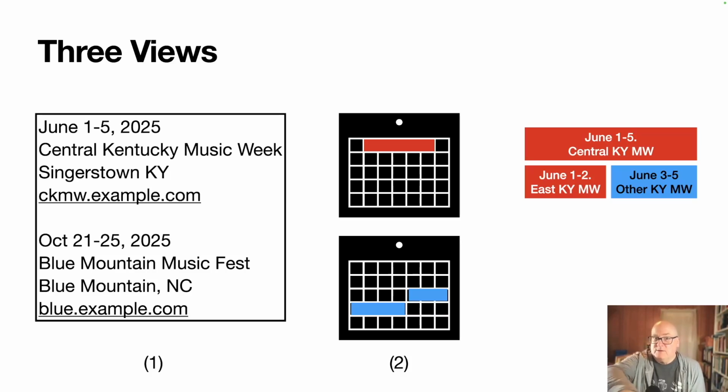We'll block off certain times and show what's happening on those and let you go to some sort of detail view. All these should let you go to some sort of detail view. And the third, I think of it kind of like a Gantt chart, where the length of the strip corresponds to the length of the event, and somehow you can see these in sequence. I don't know. We'll see.